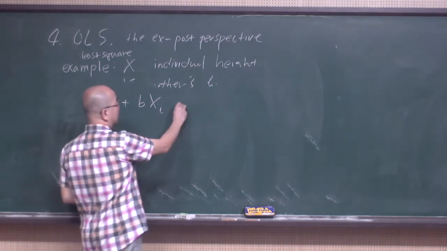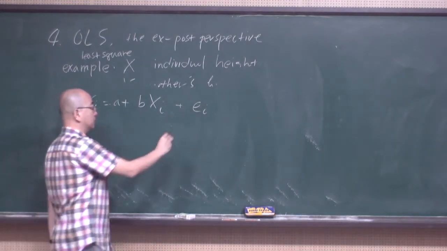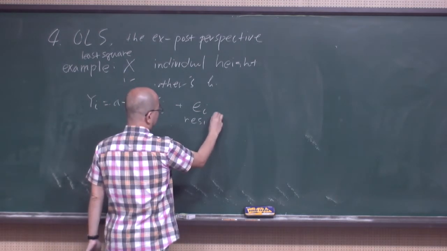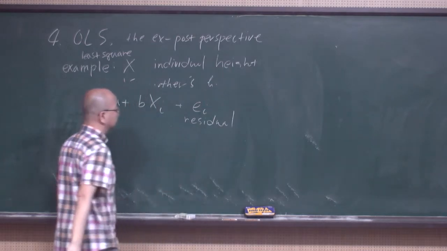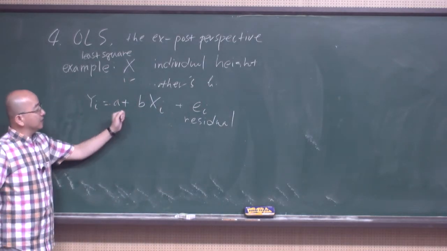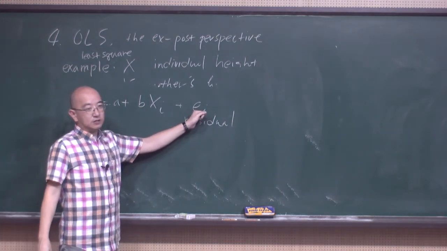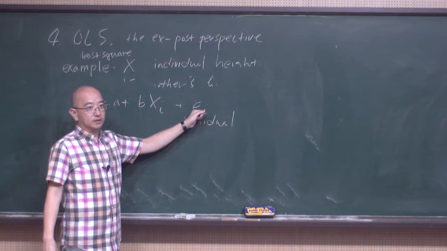So there will be some extra term, and we call this extra term residual. And what we did is we found A and B so that the sum of squared residual is a very small number. That's what we did.